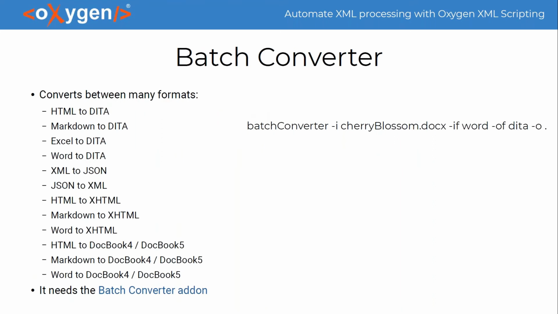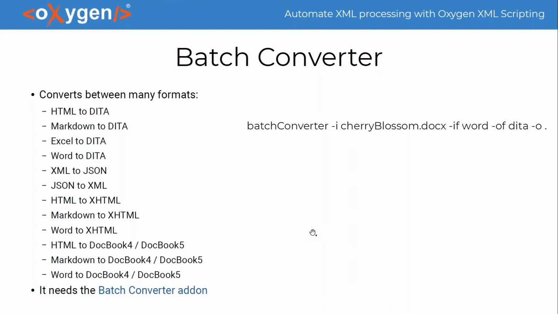The next script on our list is called batch converter. As its name suggests, it converts between many formats. You have the list here. Again, this functionality was available in Oxygen through an add-on, the batch converter add-on, which was installed just like I've shown you with the translation package builder add-on.